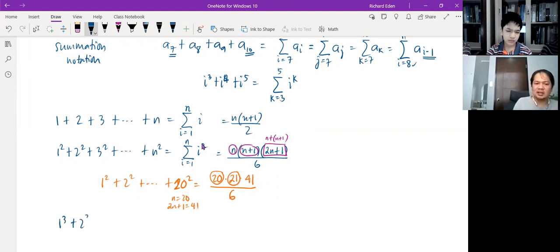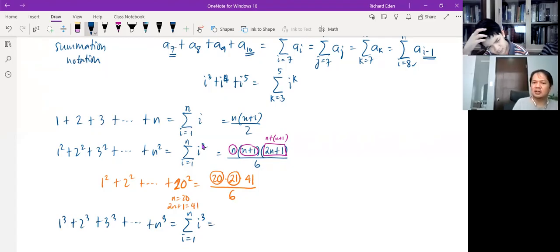Pero ito ba nakita mo na the sum of the first n cubes? i to the third power. This is going to be n squared, n plus 1 squared over 4.